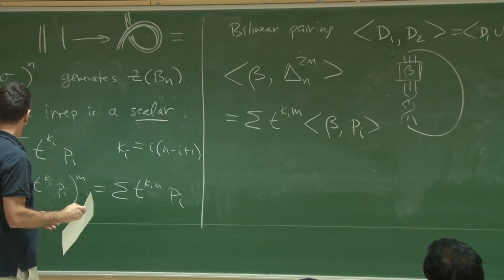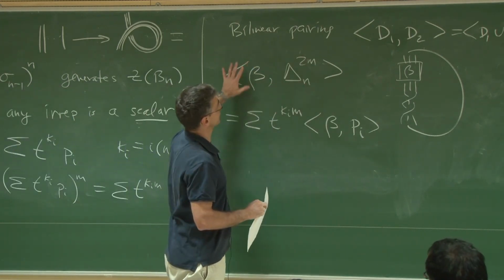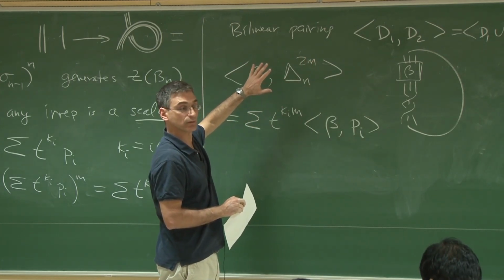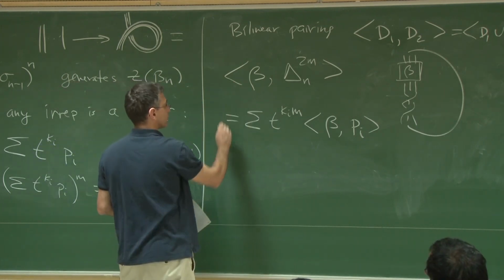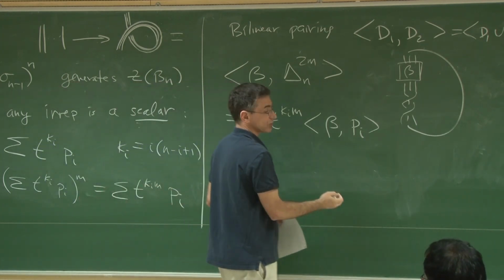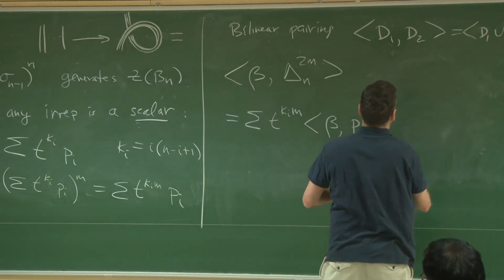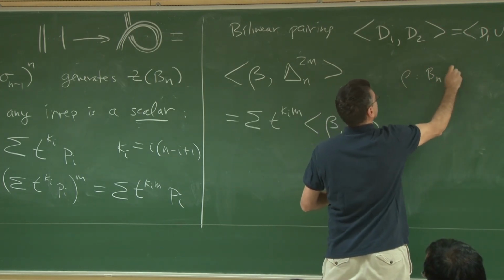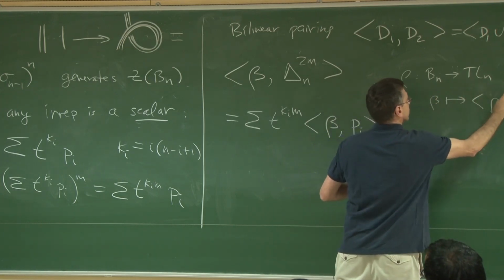No, you apply rho to that. I applied rho to this, but this is what this is. Remember, this is the representation. This is the TLN representation. So this uses this representation rho from Bn into TLN by taking beta to bracket beta.